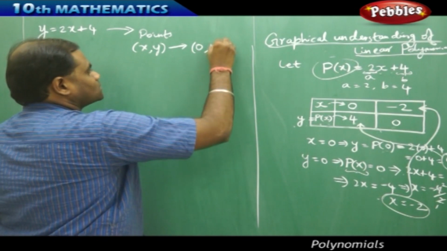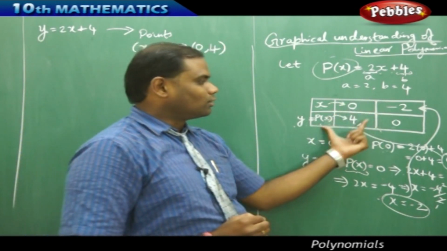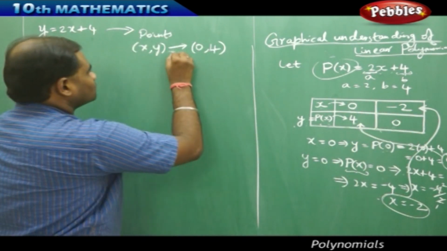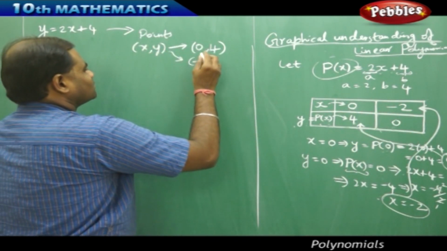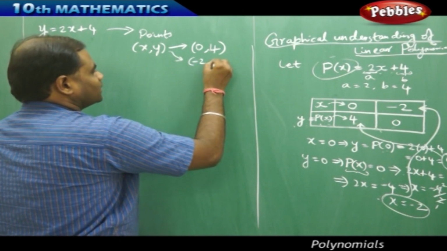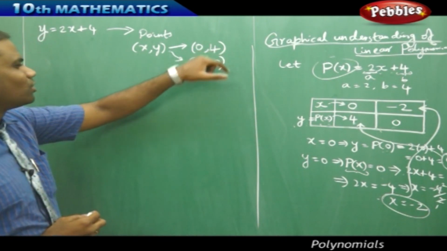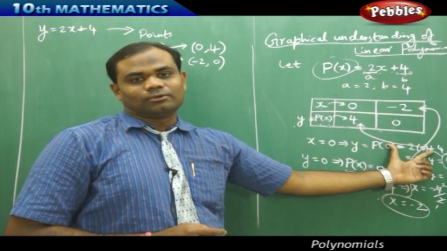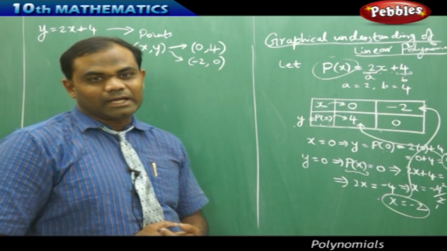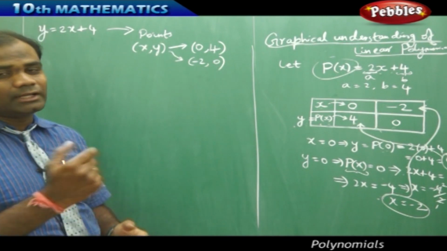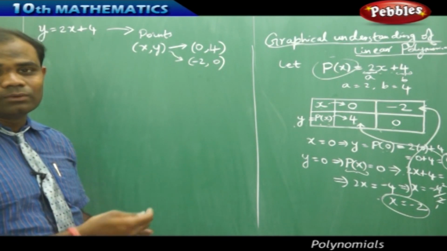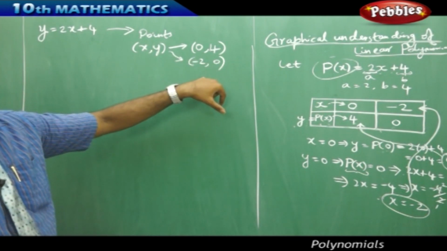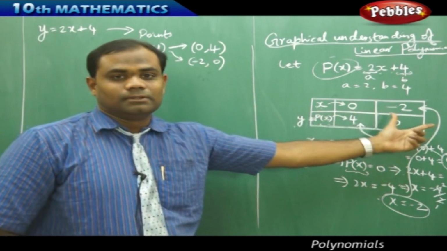So 0, 4 is one coordinate which I get from the first column, and from the second column I get when x is minus 2, y is 0. So these are the two coordinates which I obtain from the table. Now, as you assume these points on the real xy coordinate system, let's see how the shape of the linear polynomial would be by joining the points as obtained in the table.